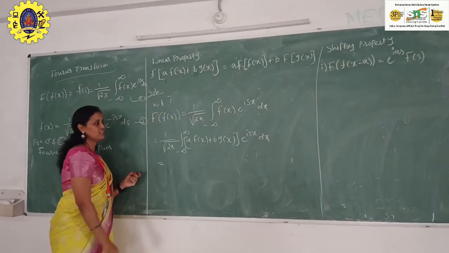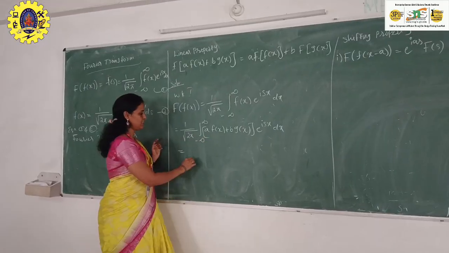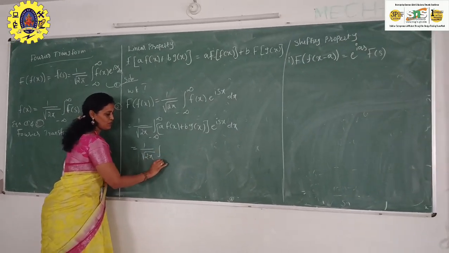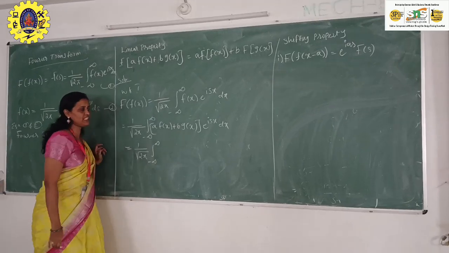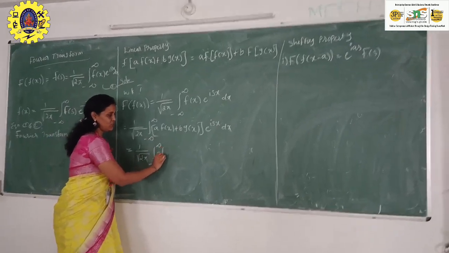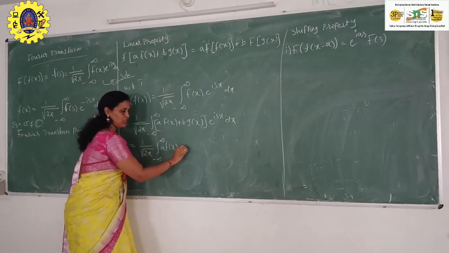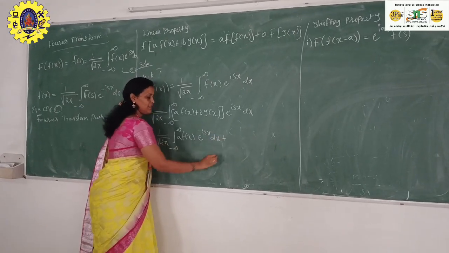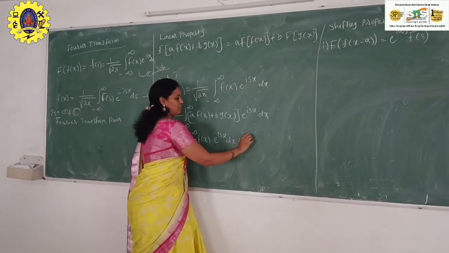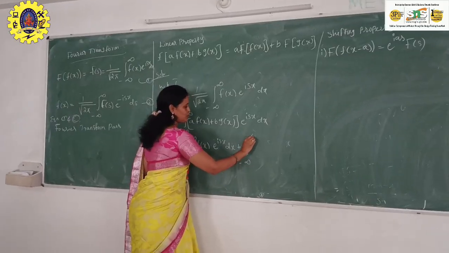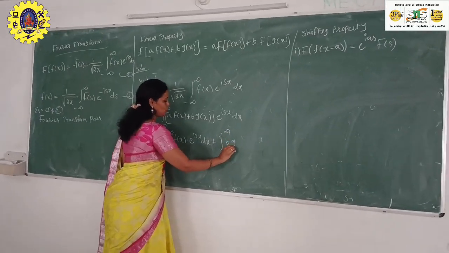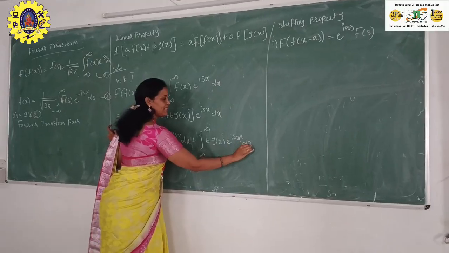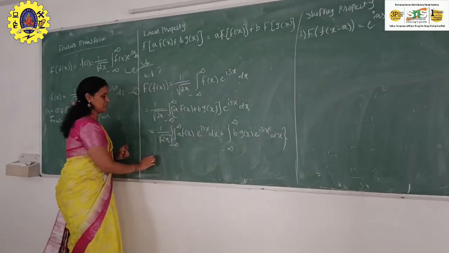Next we split the two terms: 1/√(2π) times the integral from −∞ to +∞ of a f(x) e^(isx) dx plus the integral from −∞ to +∞ of b g(x) e^(isx) dx.